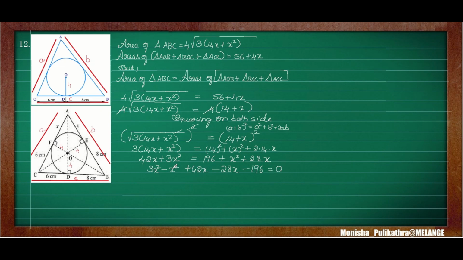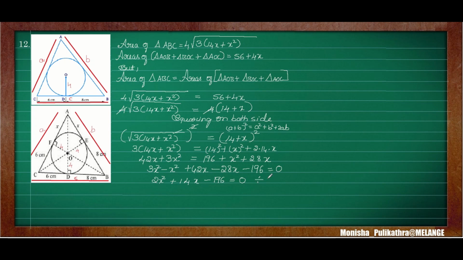Next, 3x square minus x square is 2x square. So 42x minus 28x is 14x. So plus 14x minus 196 is equal to 0. Here all the numbers are divisible by 2. If we can simplify it further, we should simplify it, else the problem will become complicated.